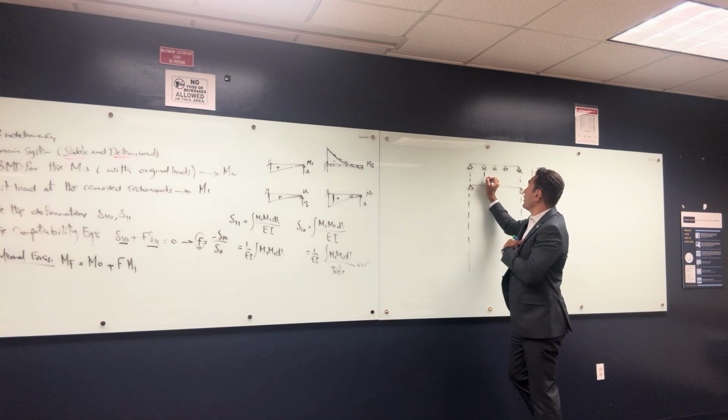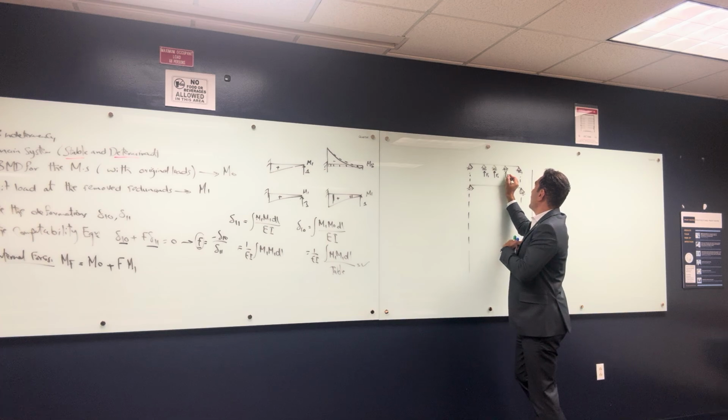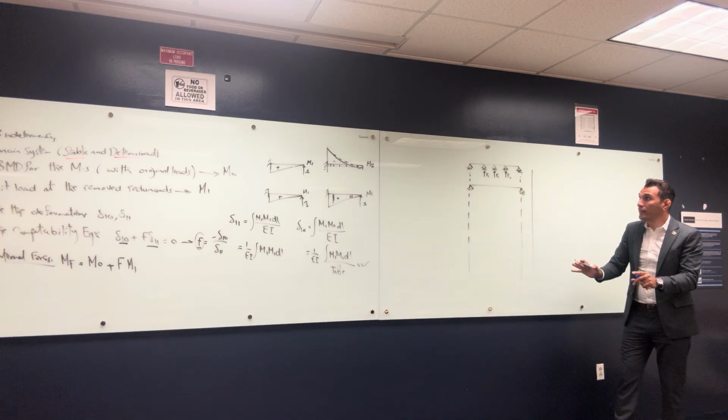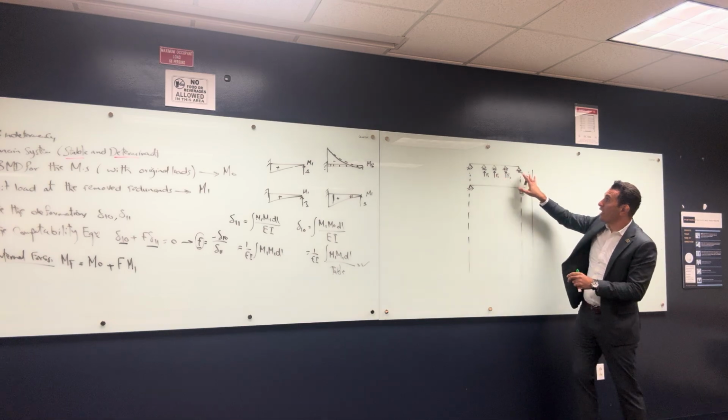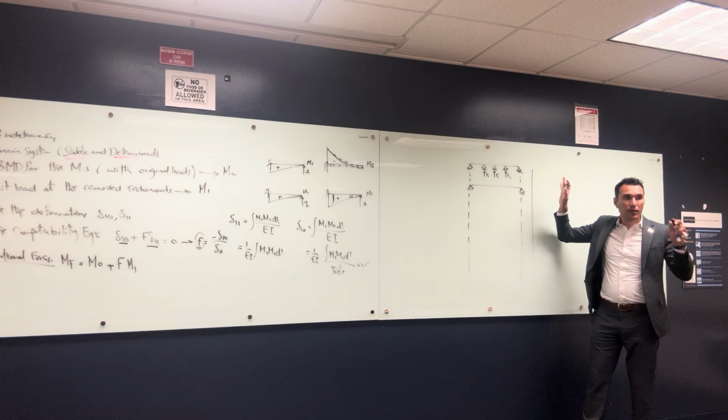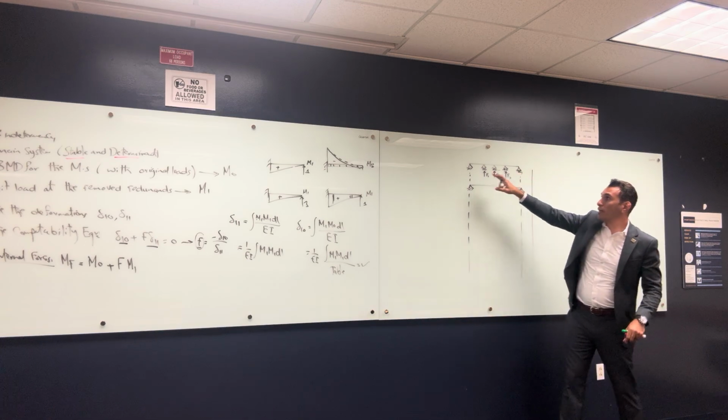My job right now is to find the reactions F1, F2, F3, to solve this system. Once you find them, you put them as loads and then find the other reactions by the static equations: sum Fx, sum Fy, and sum of moments about z, and you will be able to find these.